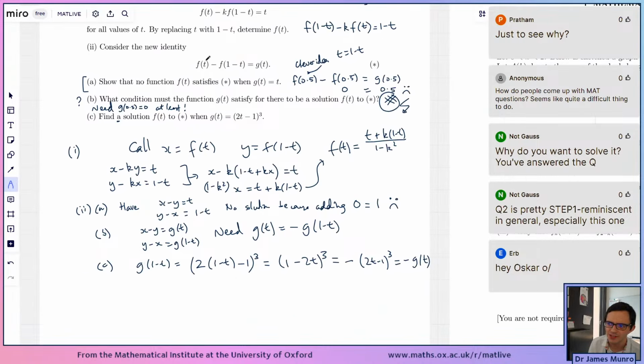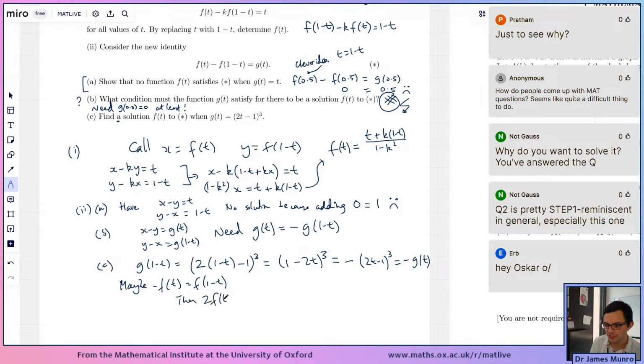What I'm thinking is maybe f does something similar, so minus f of t is f of 1 minus t. So then this minus f of 1 minus t will be another f of t. So there's going to be 2f of t.